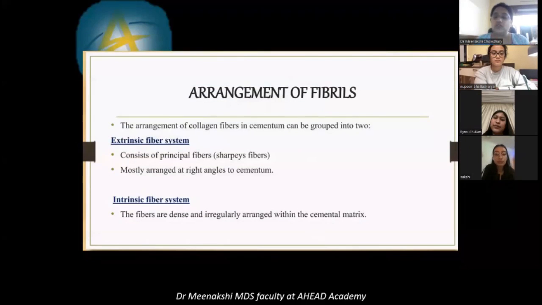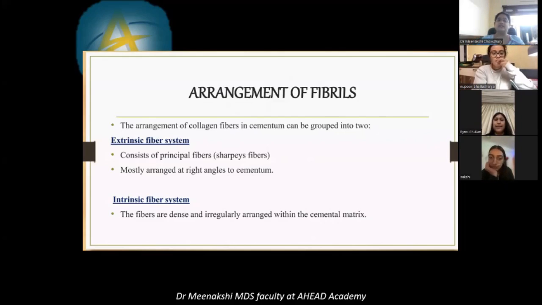Now, the most important thing in cementum that can be asked in MCQs is the arrangement of fibrils. The arrangement of collagen fibrils in the cementum is grouped as extrinsic fiber system and intrinsic fiber system. In the extrinsic fiber system, number one is the principal fibers, that is Sharpey's fibers.